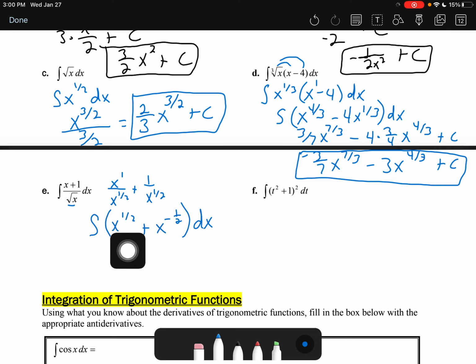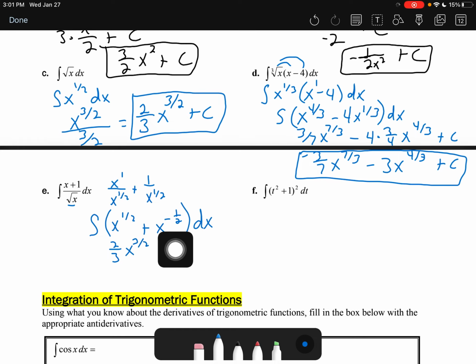Because what I have here is equivalent to what I have here. I just divided each one of those numerators by the denominator and then simplified. So now I'm able to use that power rule. So with this one, if I add 1 to 1/2, that's 1 1/2 or 3/2. So integral is going to be 2/3 x to the 3/2. So that would be my antiderivative of the first term.